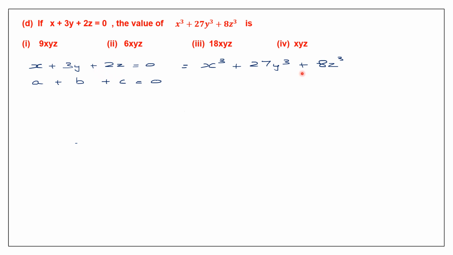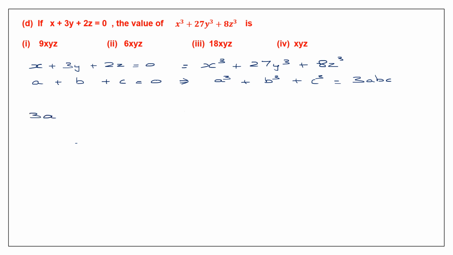Then I cubed 2z and got 8z cubed. Now that means if this is equal to 0 and the terms are all cubed, then we can apply this property which says if a plus b plus c is equal to 0, then a cube plus b cube plus c cube is equal to 3abc. So we'll apply that.